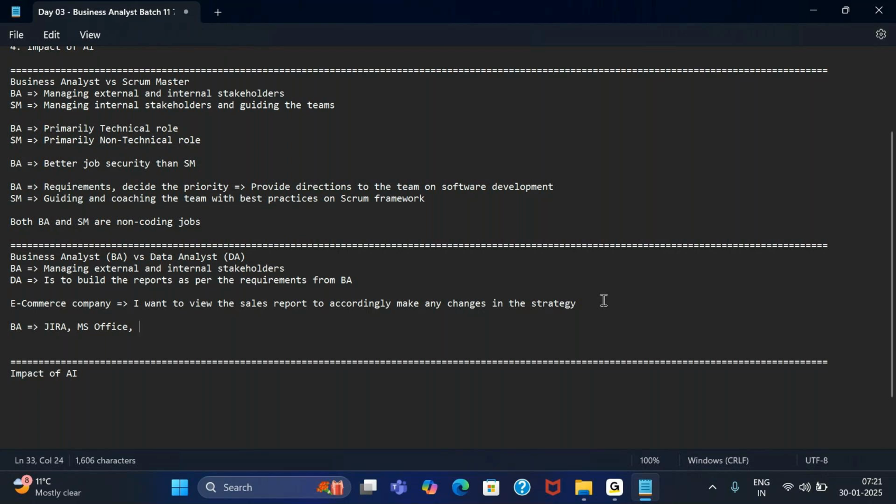And there could be some requirement management software as well, like Confluence or IBM's RequisitePro. These are nothing but different software to manage your requirements, or you can consider them as a single repository for your requirements.